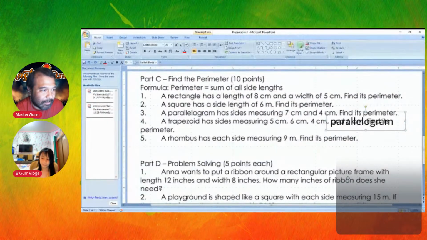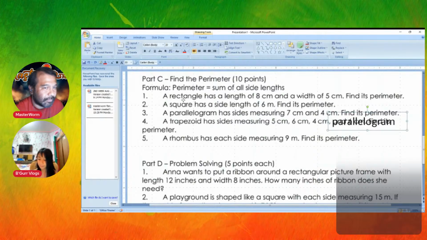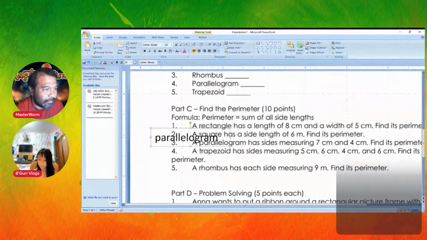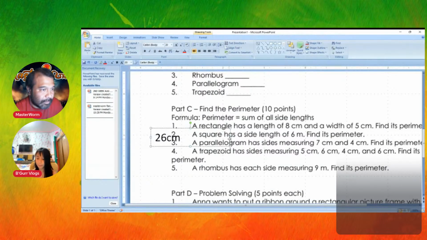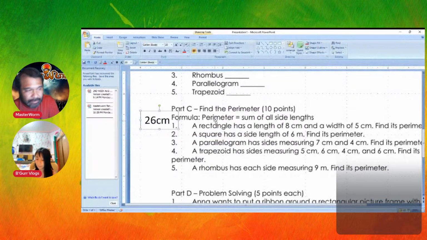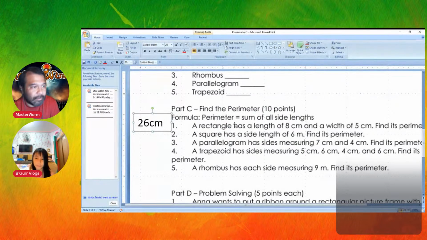Okay, so where will we write the answer here? Here, 26 centimeters. Okay, next.